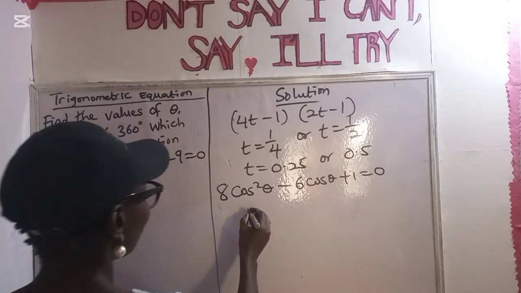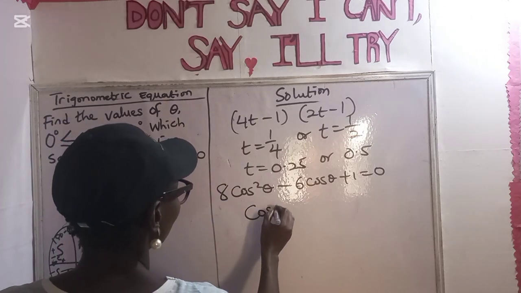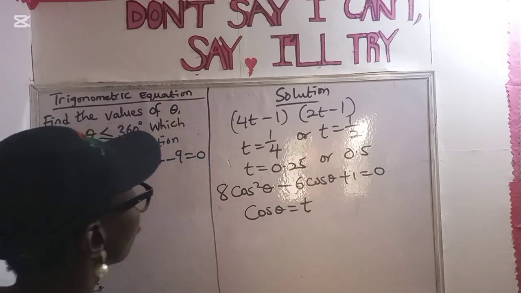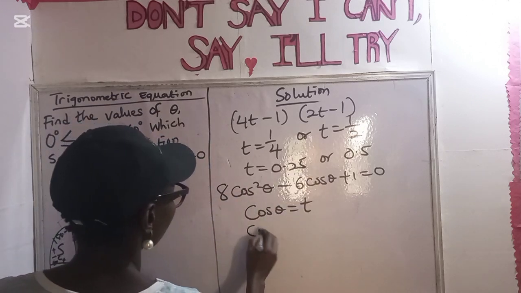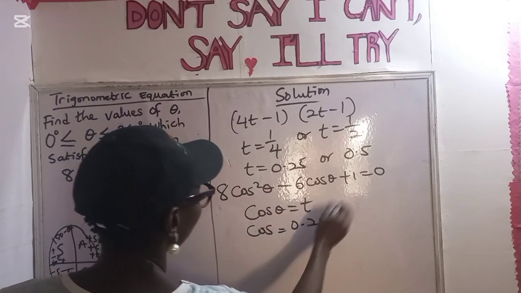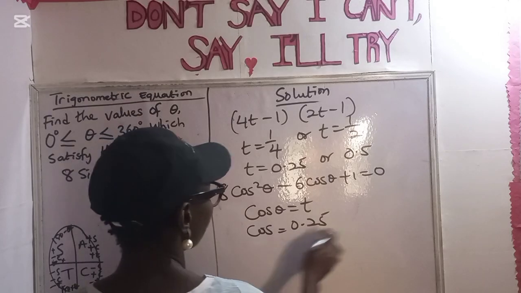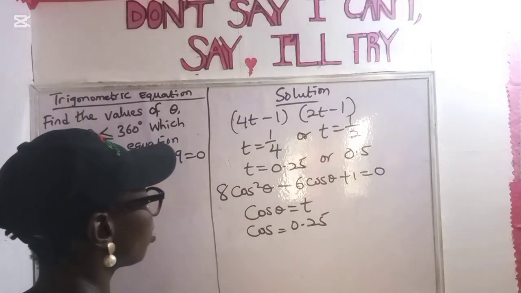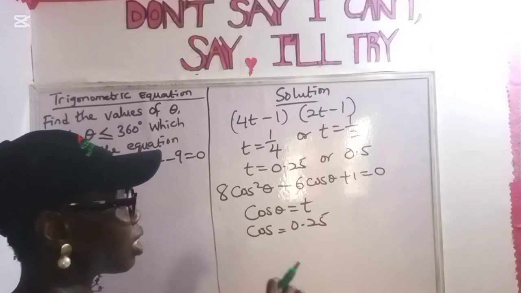Remember that, cos theta equal to t, right? So we are now saying cos theta equals 0.25. How do we find theta? If we are using a calculator, we have to press shift then cos.